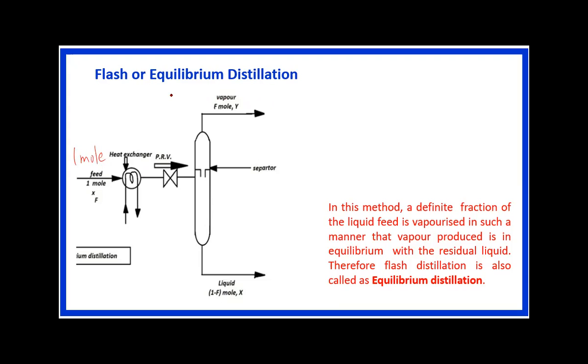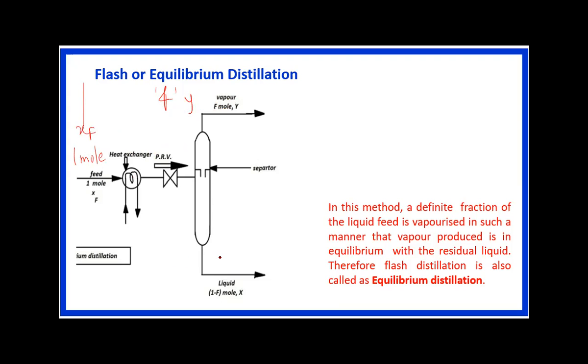So these vapors which are generated can be indicated as F, small f, and the fraction for this F is small y. As it is in the vapor phase, the mole fraction of MVC in the vapor phase is indicated by small y. And the feed is in liquid phase, that is why the fraction of this feed can be indicated by XF.